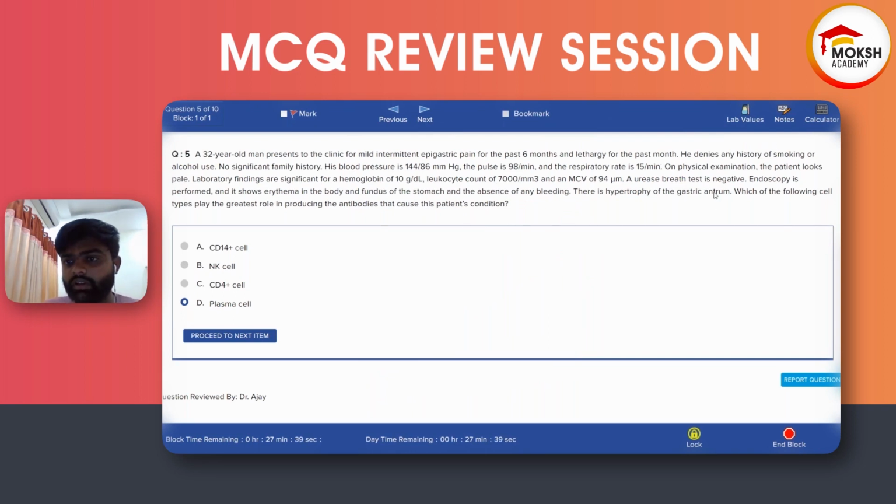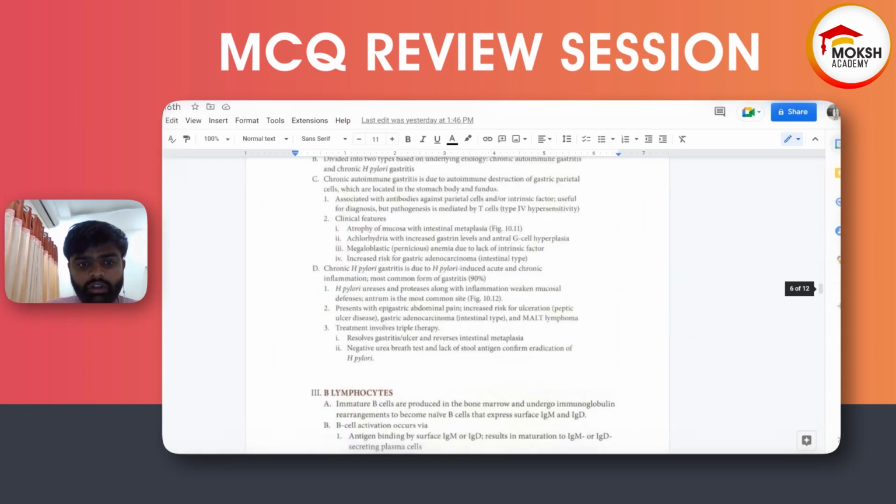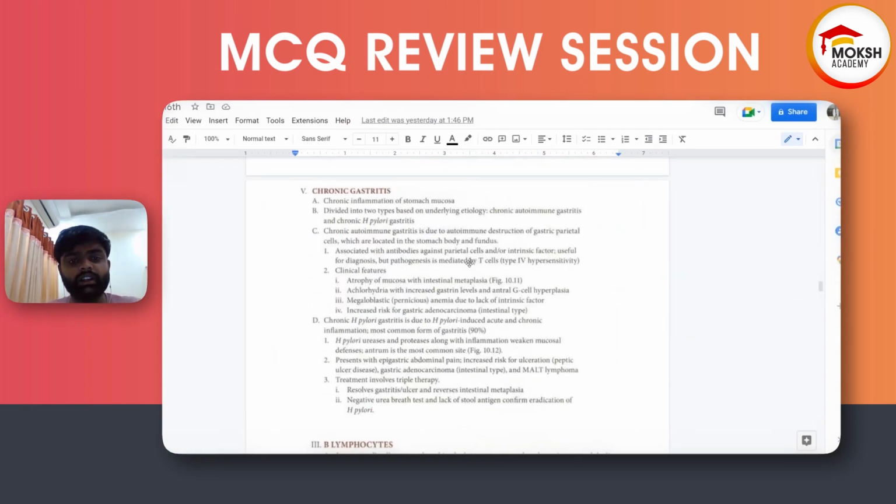So let's go through the explanation. Chronic gastritis is due to chronic inflammation of the stomach mucosa. There are two types of underlying etiology: chronic autoimmune gastritis and chronic H. pylori gastritis.